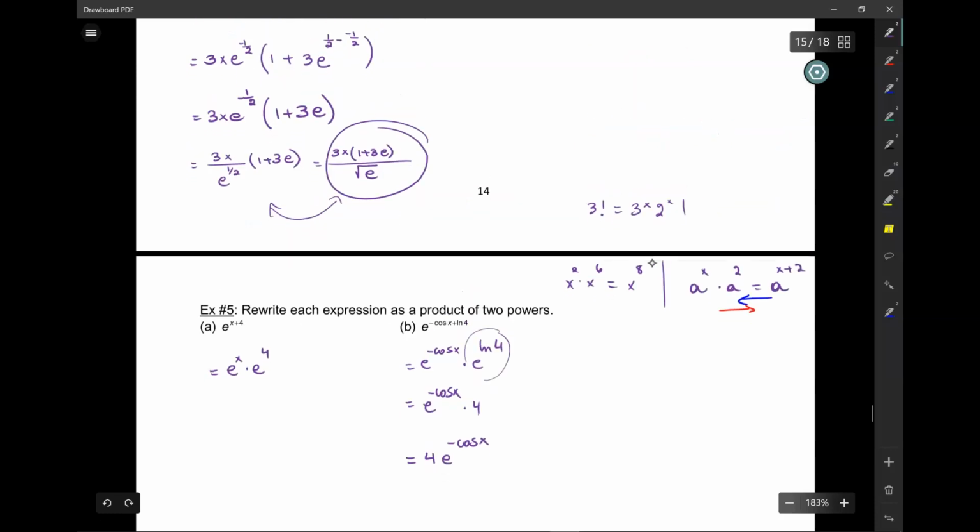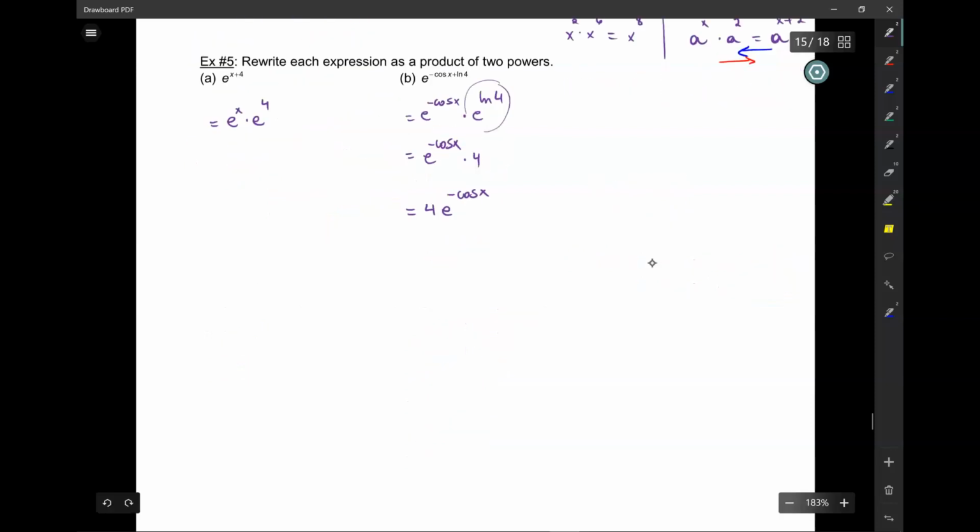Now, a little bit about negative exponents. Here, I had e to the negative 1/2. Negative 1/2 is a value. I know exactly that that's a negative value. So I can't leave e to the negative 1/2; I'll have to change it to a positive exponent. But when you have a negative in an exponent in front of a variable expression, then things change, because it doesn't have to be negative.